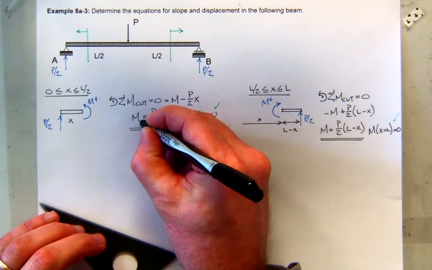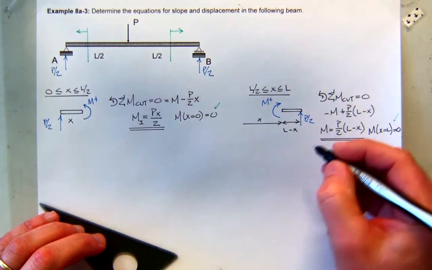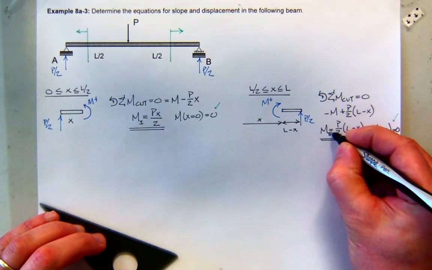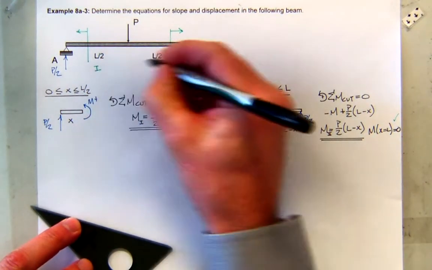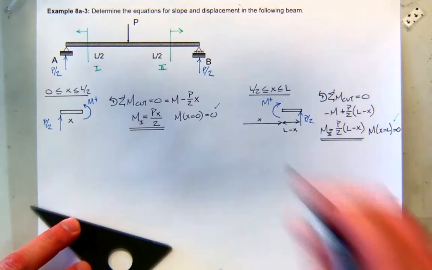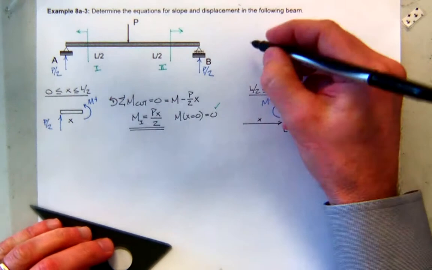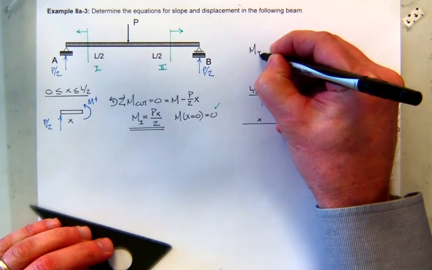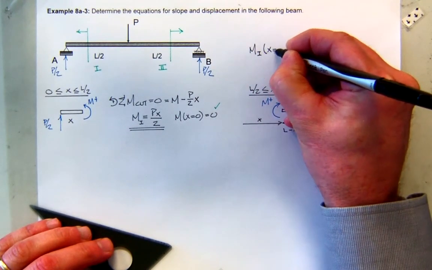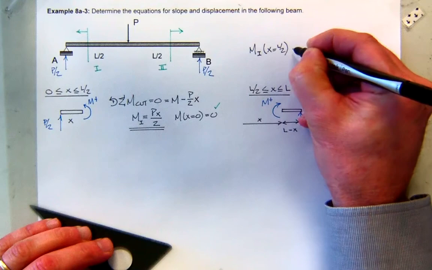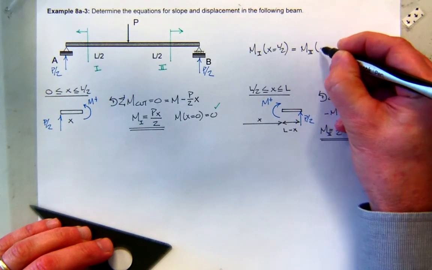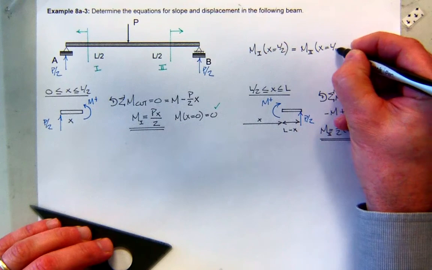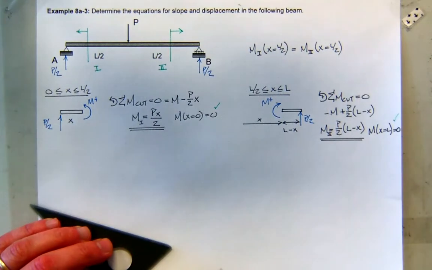So I'm going to come back and call this the moment in section 1, and I'll call this the moment in section 2. And I'll go up here and say this is section 1 and this is section 2. So really, the moment in section 1 at x equal L over 2 should equal the moment in section 2 at x equal L over 2, the point they connect at.